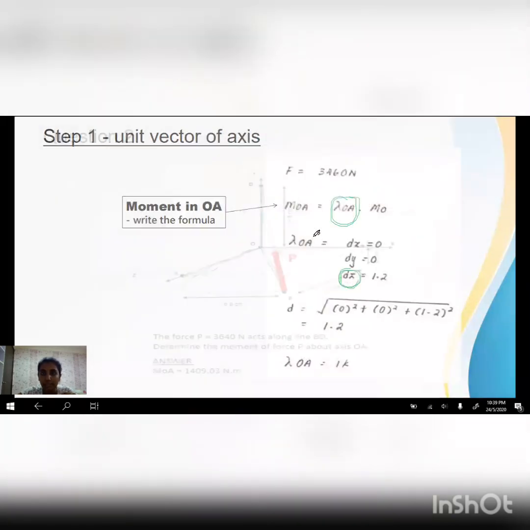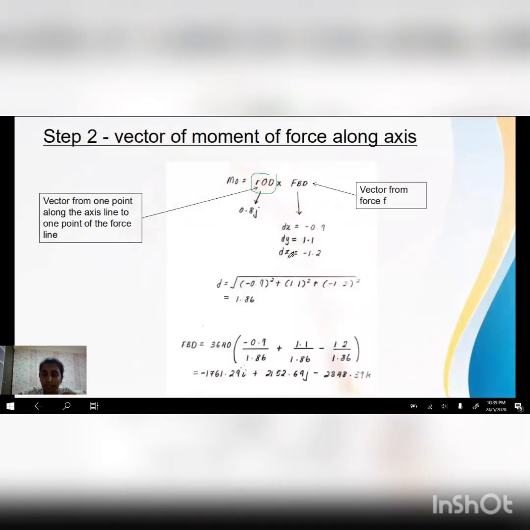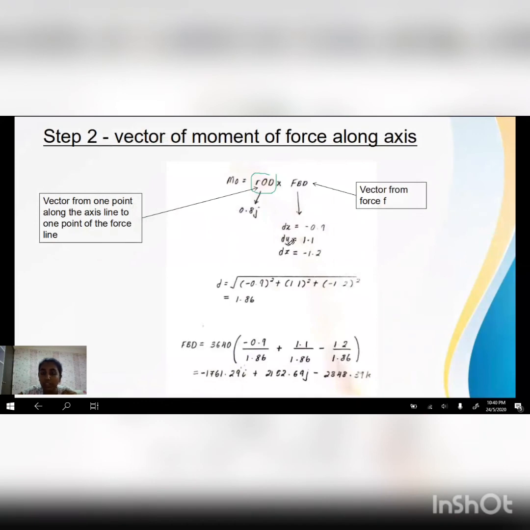Let's look at BD. dz is 1.2, x is 0.9, and y is 1.1, because 0.8 plus 0.3, since your force is from B to D. Please make sure of the negative and positive. Since your force is going up towards y and going to the left, x would be negative. It's also going to the back, so dz is also negative, and only dy is positive.